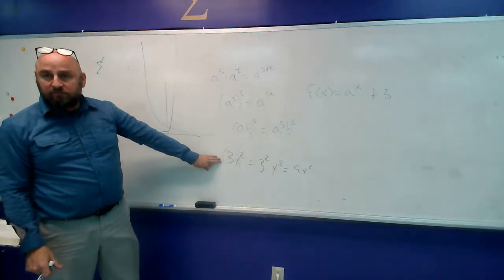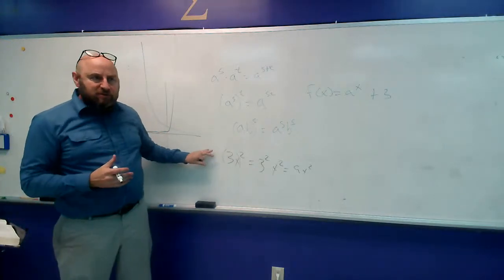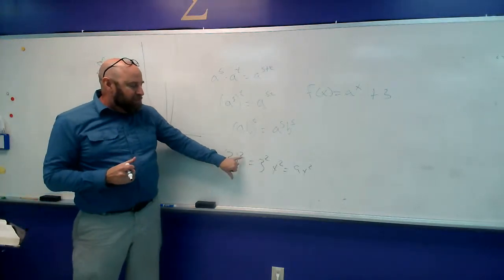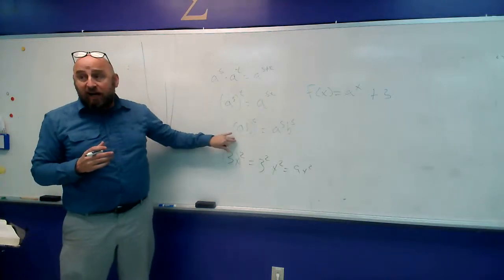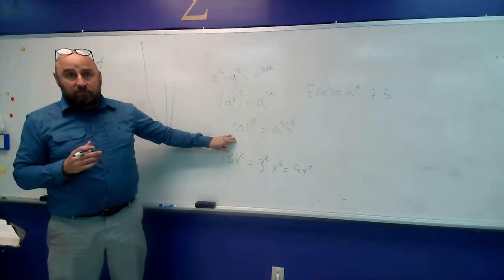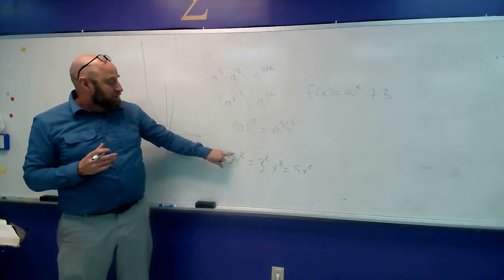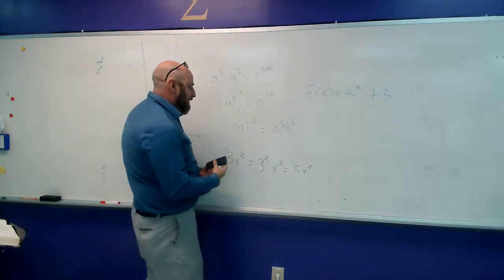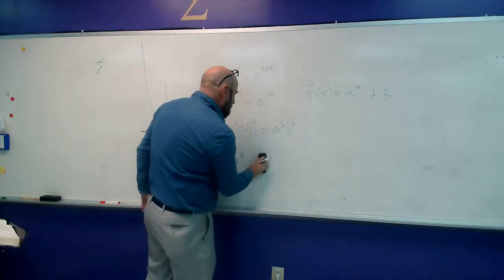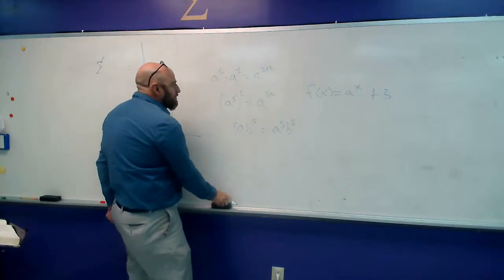So just reminders. For the exponent to be applied to a quantity, it has to be outside of some parentheses or something. This coefficient is not tied there if you don't have parentheses. So those are not the same.